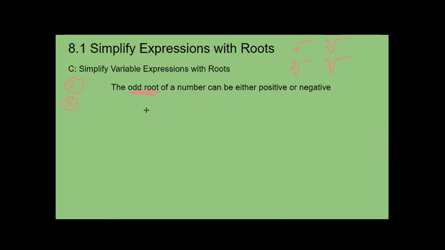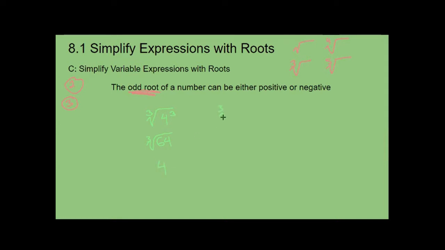Let's see why. If we have the cube root of 4 cubed, that would be the cube root of 64. 4 times 4 is 16, times 4 is 64. And then if we were to calculate this on a calculator or look at one of our charts, we would find that the answer to this is 4, positive 4.